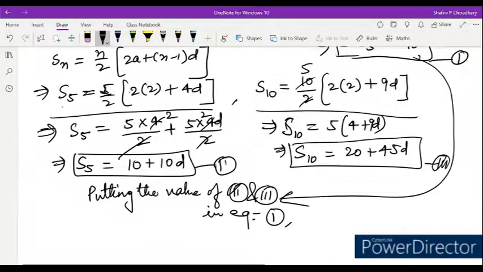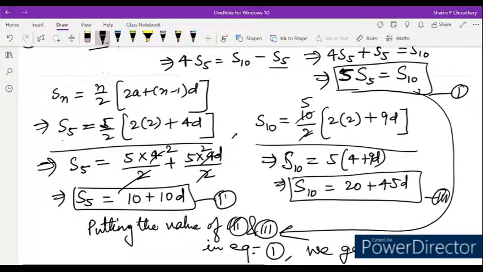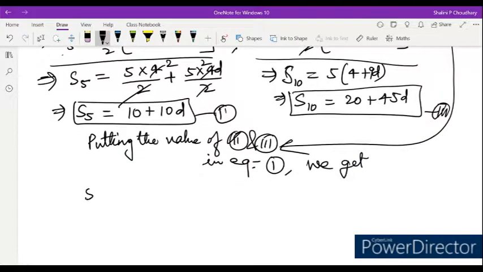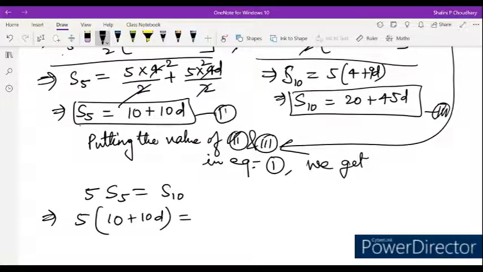Okay, so what we get is 5S5 is equal to S10. Now we'll write the value of S5 here, 5 into 10 plus 10d will be equal to S10, that is 20 plus 45d.